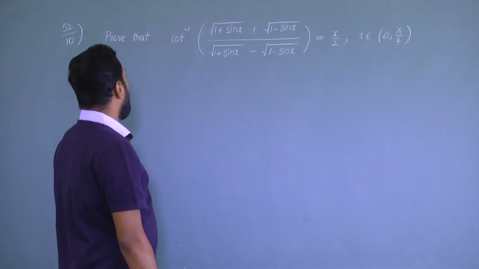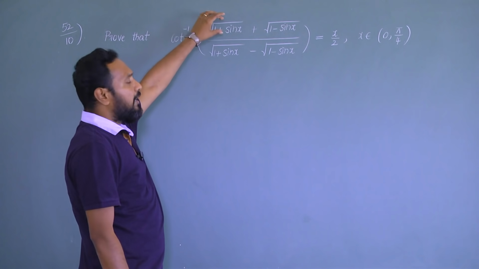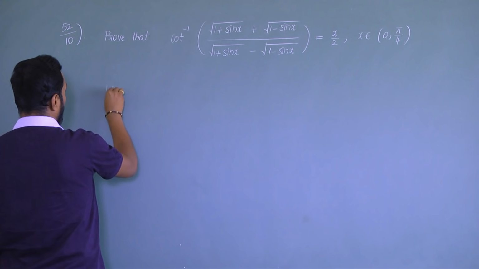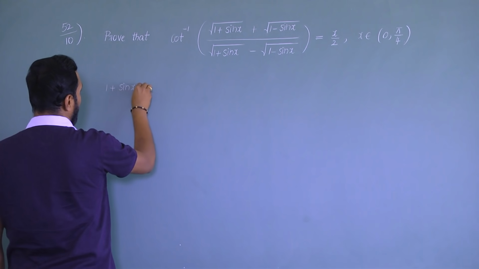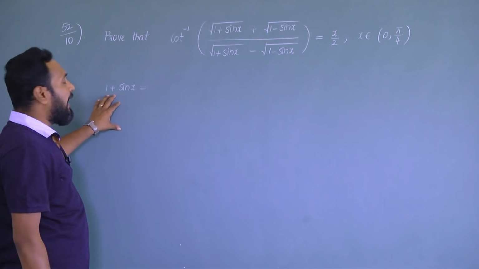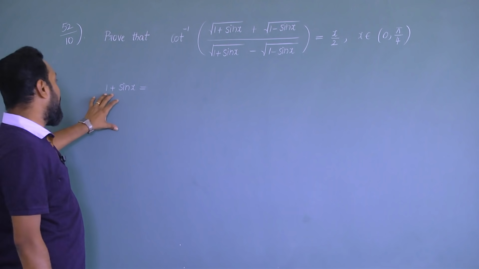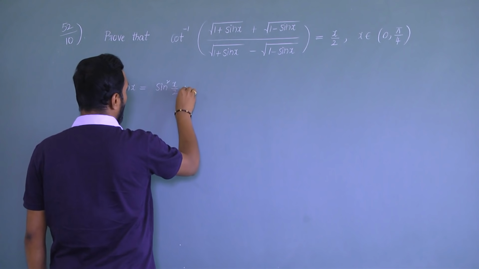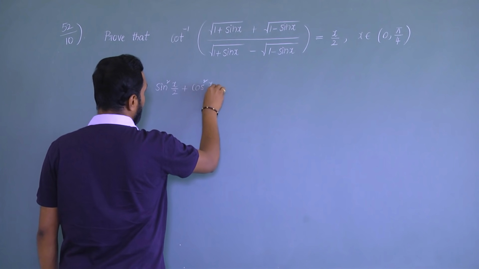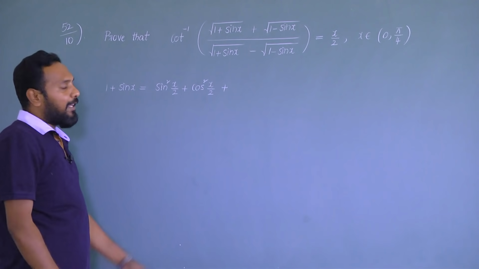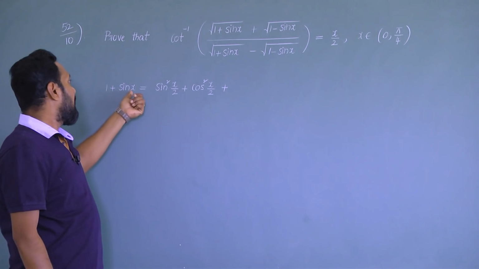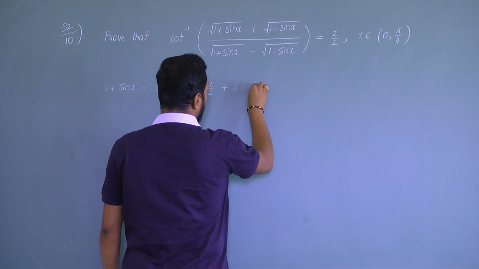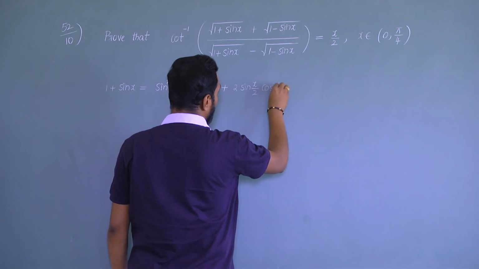Now I want to take individual terms and simplify. First, 1 plus sin x. What is the trigonometric identity? I can write 1 in terms of sin and cos as sin square x by 2 plus cos square x by 2, plus, as I have written in terms of half angles, sin x as 2 sin x by 2 cos x by 2.